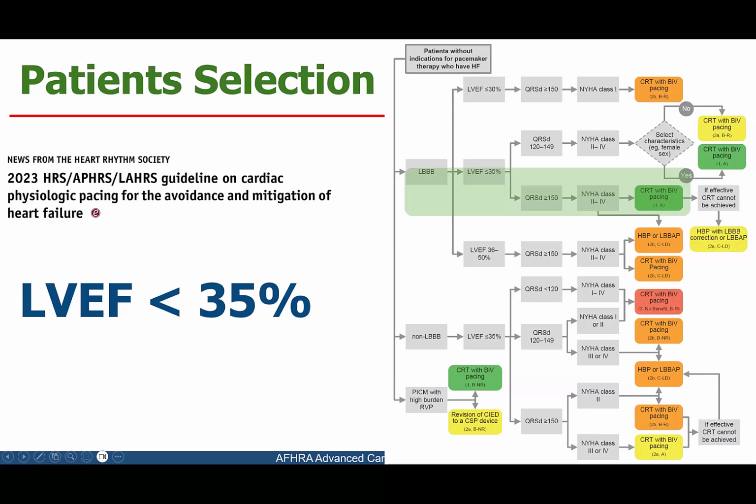In other, less evident indications with a lower level of recommendation for biventricular pacing, like those with non-left bundle branch block morphology, we can go with either biventricular or conduction system pacing.